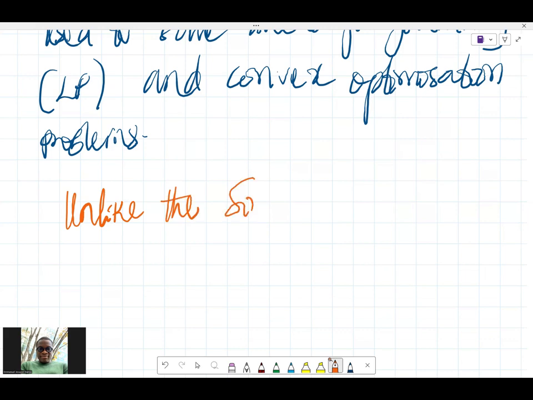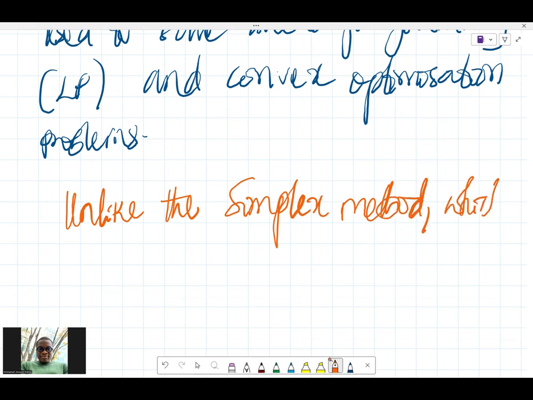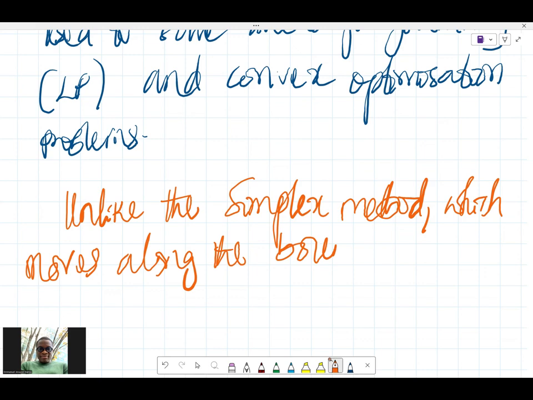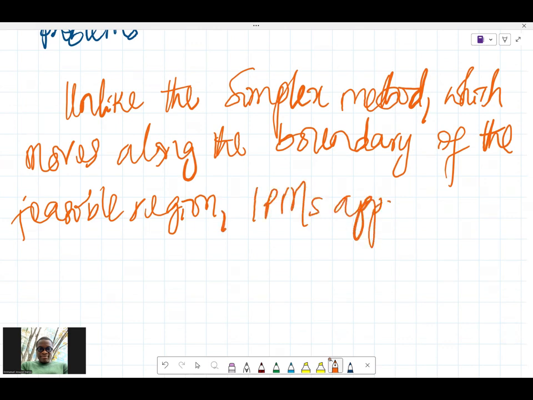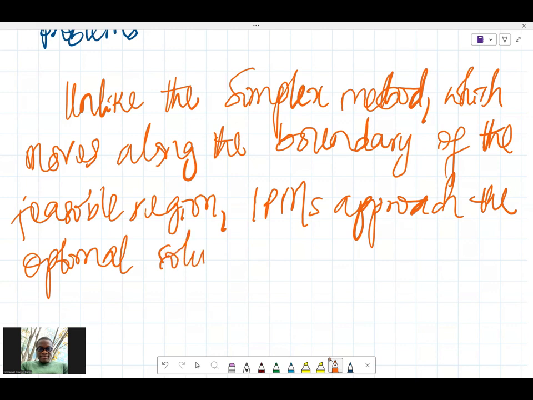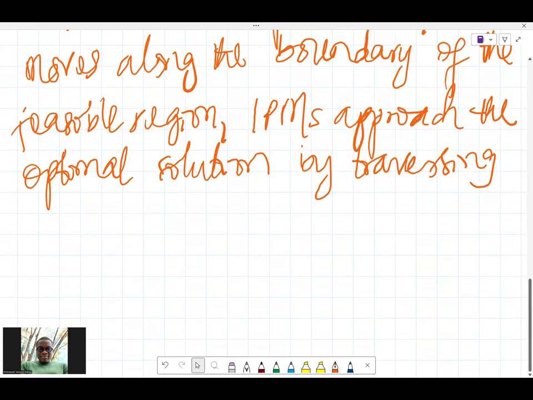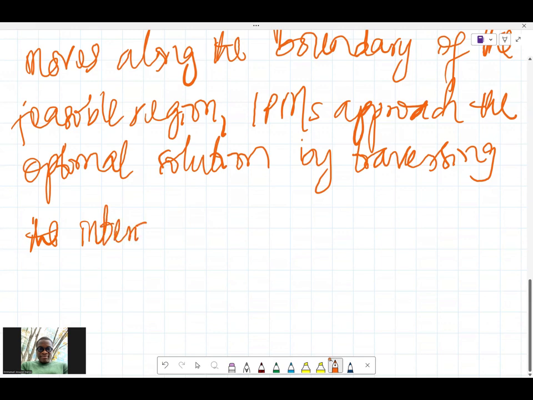Unlike the simplex method, which moves along the boundary of the feasible region, interior point methods approach the optimal solution by traversing the interior of the feasible region.